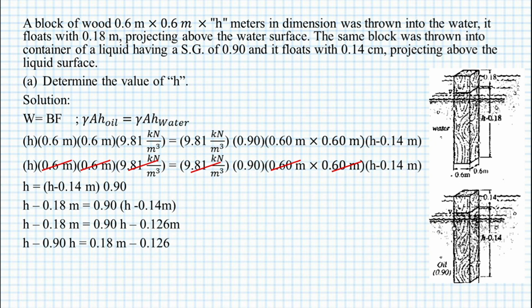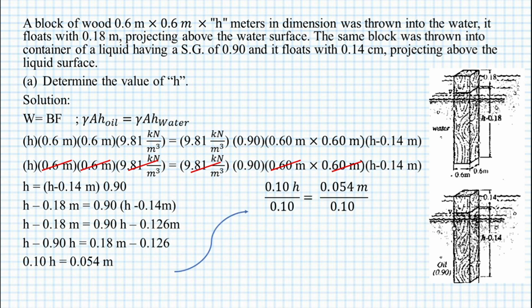Transpose the 0.90 h to the left side. So we have h minus 0.90 h equals 0.18 meter minus 0.126. So we have 0.10 h equals 0.054 meter.